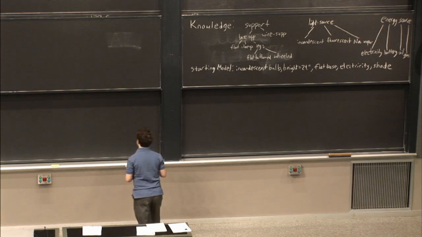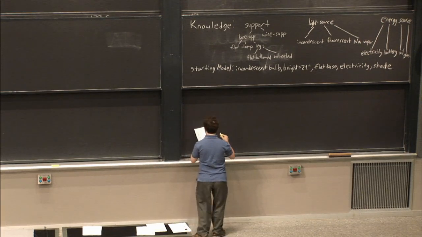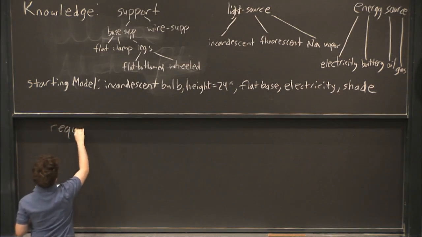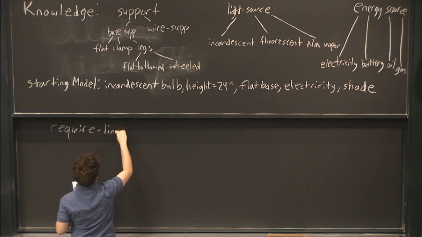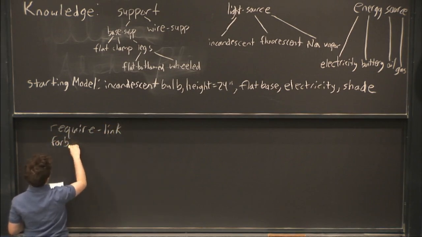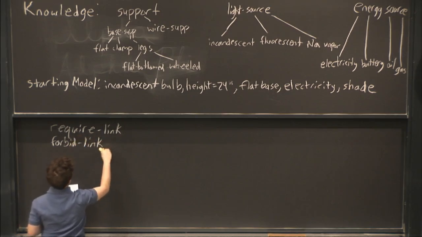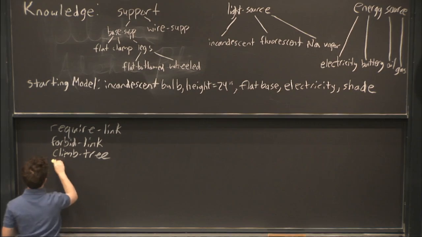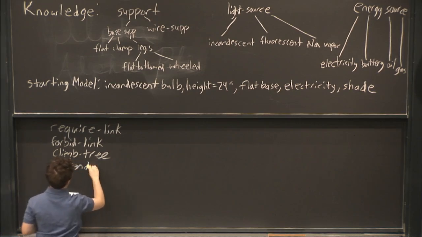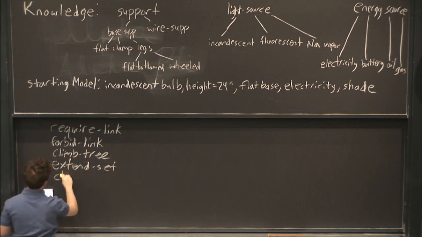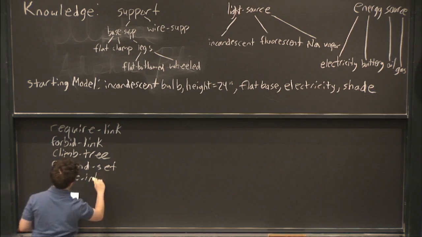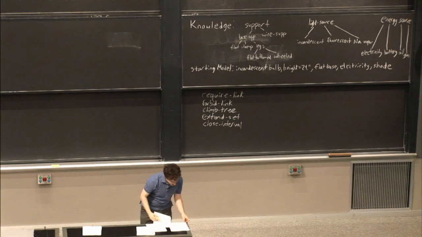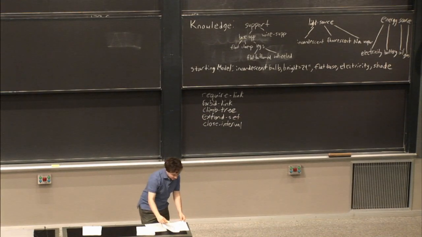The heuristics are require link, forbid link, climb tree, extend set, close interval, and we also have drop link.